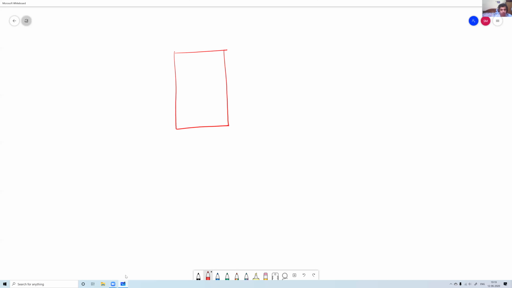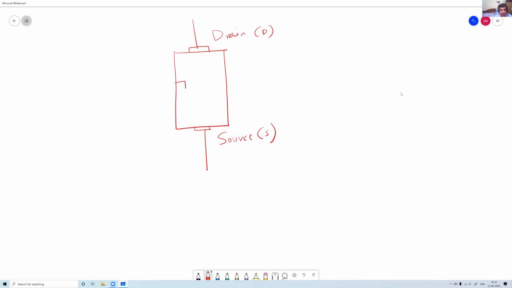So this is a basic JFET structure. This terminal is called source, abbreviated as S. This terminal is called drain. We are discussing here N-channel JFET, okay?